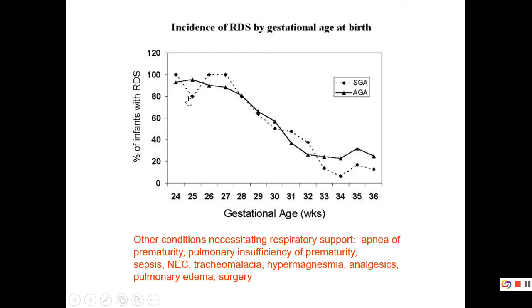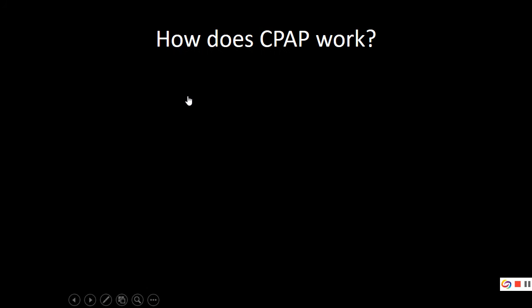So other things that preemies have that cause them to need mechanical ventilation: apnea of prematurity, pulmonary insufficiency, tracheomalacia, whether or not the mom got a lot of mag and the baby has hypermagnesemia, analgesics, pulmonary edema, sometimes they go to surgery. So lots of reasons for babies to need respiratory assistance.